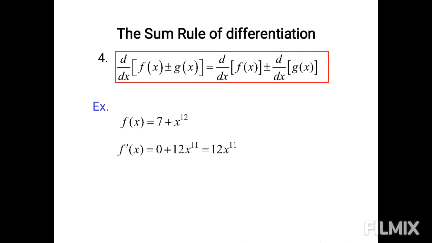Since 7 is a constant, the derivative of 7 is equal to 0, and then the derivative of x raised to 12 using the power rule will be 12x raised to 11. So 0 plus 12x raised to 11 is equal to 12x raised to 11.